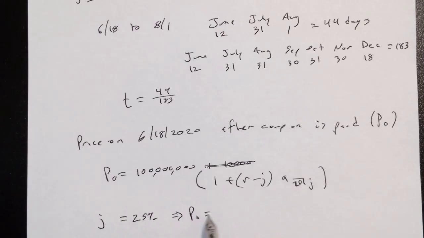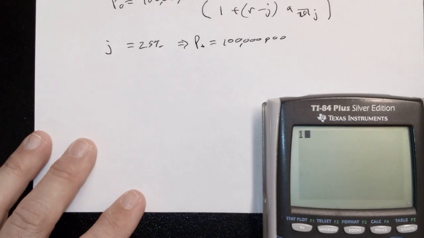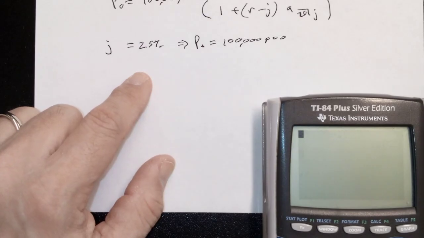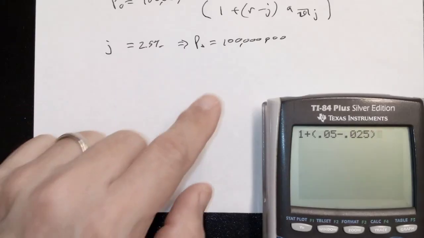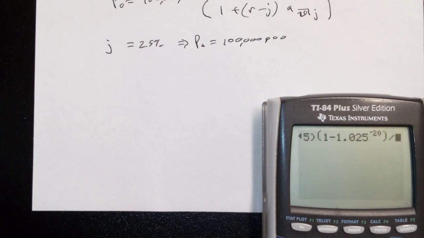we get P0 equals 100 million times 1 plus R minus J, 0.05 minus 0.025. Those go in parentheses. Times A20J. So that's 1 minus 1.025 raised to the negative 20th divided by 0.025.